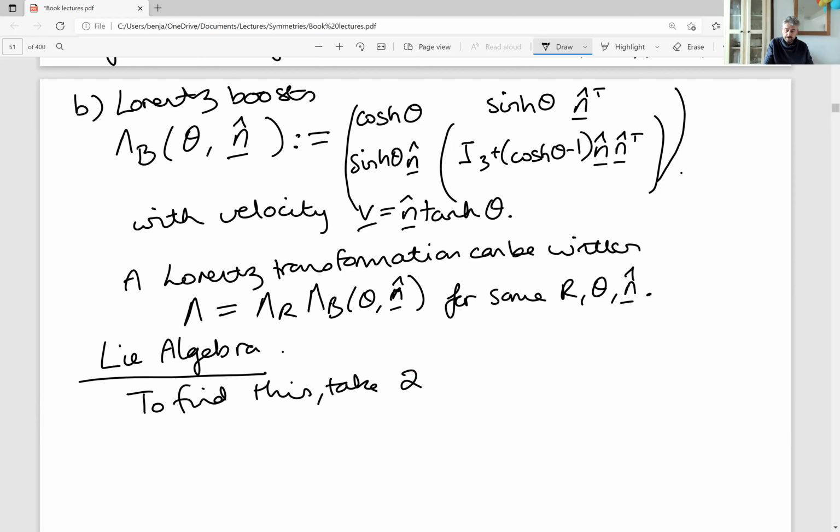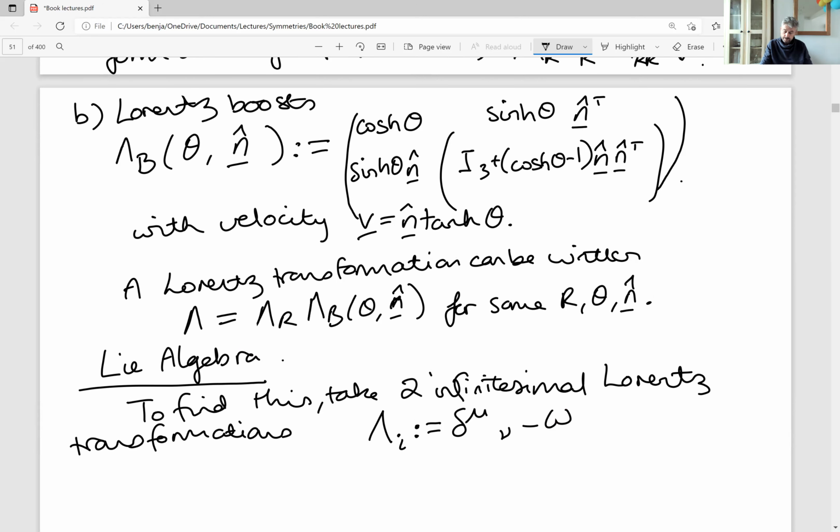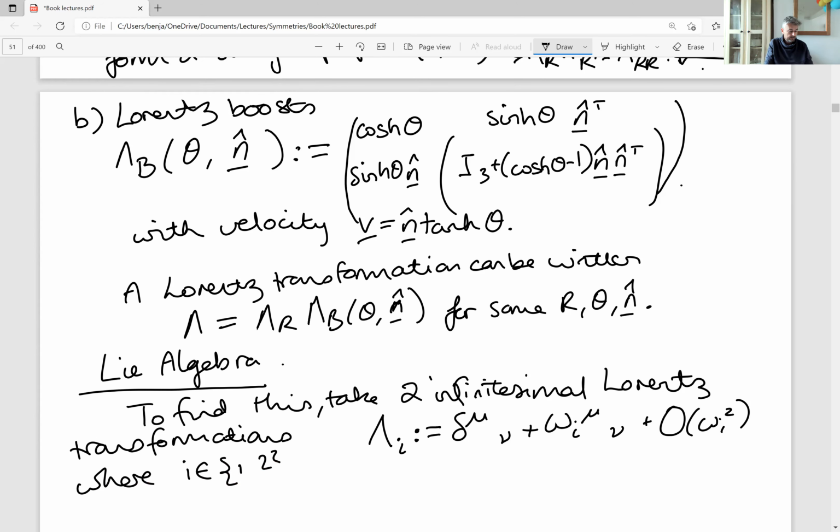Take 2 infinitesimal Lorentz transformations. So we have an i subscript, and these are going to be ones close to the identity, where i is in 1 and 2, and we calculate the commutator.